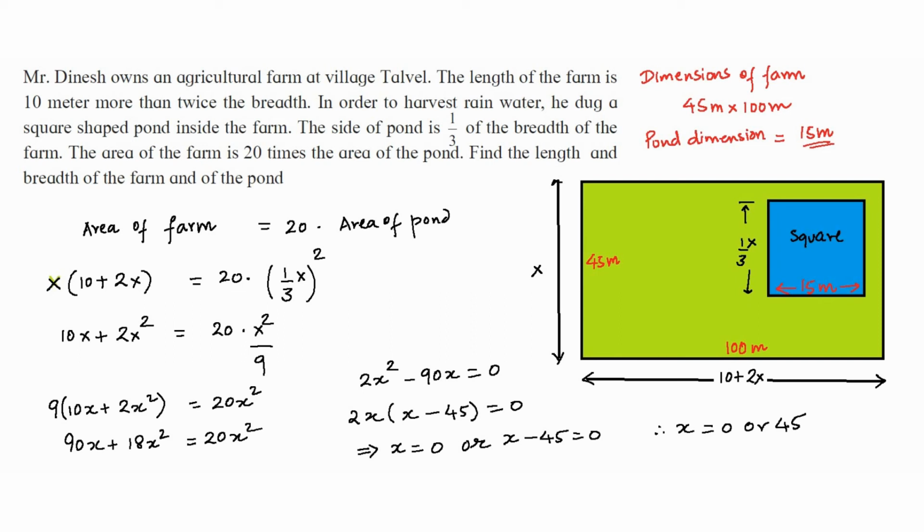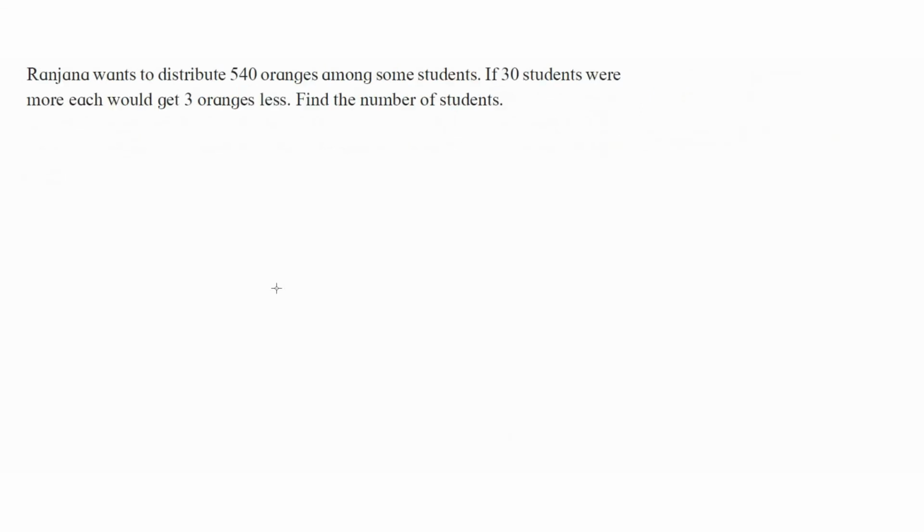Moving on to the next question. Ranjana wants to distribute 540 oranges among some students. So this is a good candidate for making a nice table. So let's make a quick table.